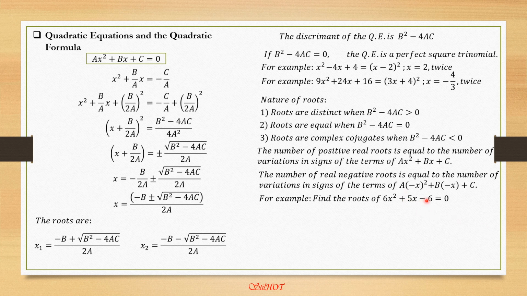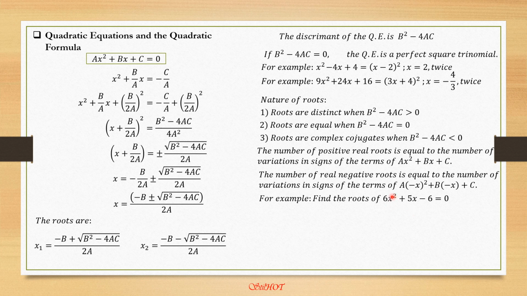Now what if there's no variation in sign in x? For example, 6x squared plus 5x plus 6. If that is the situation, then there's no variation in signs, so there will be no positive real root.